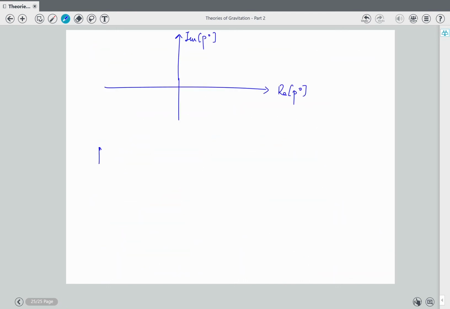This or the opposite one. Let's write it. The two cases are with p0 positive or negative: plus or minus the square root of (p minus k) squared plus m squared, and k spans R3.